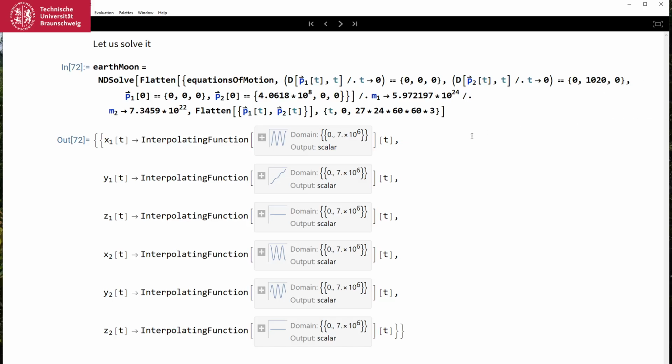And then I solved this for the rotation time, so a month is 27 days, basically, times 24 hours times 60 minutes times 60 seconds times 3 months.